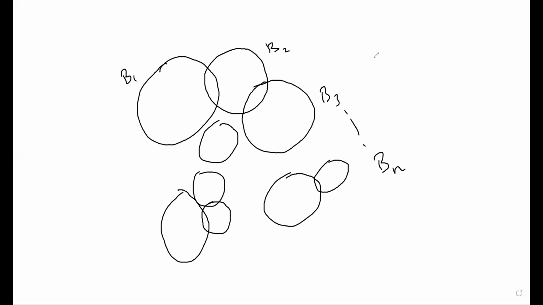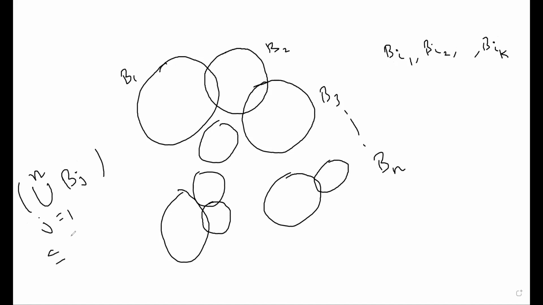Then you can find a finite disjoint subcollection, say B_i1, B_i2 up to B_ik, such that the union of all these balls, the union of Bj for j equal to 1 up to n, is completely covered by 3 times each of these balls in the subcollection.